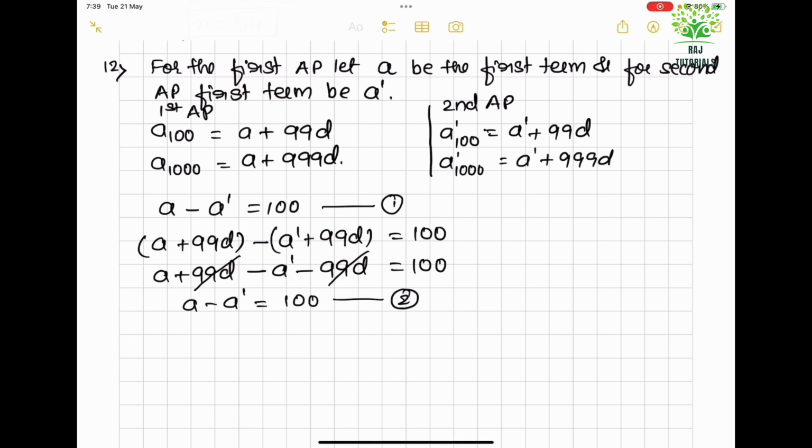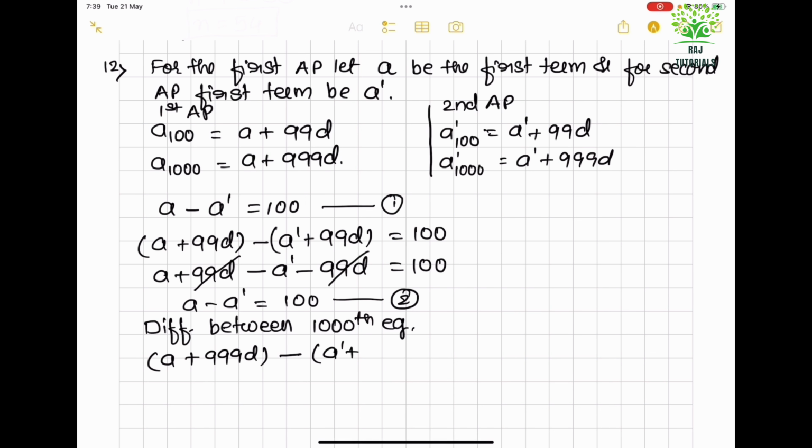Now the difference between the 1000th terms. See, the 1000th term for the first one was A plus 999D and for the second it was A dash plus 999D.